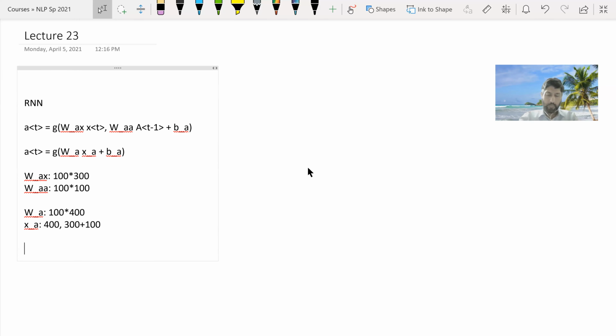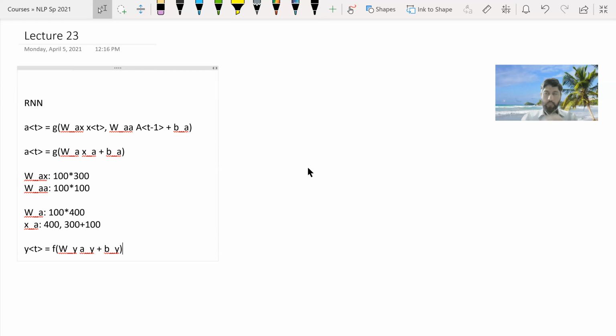Of course, if you follow this notation, then YT can also be written as WY times A, and we will write a Y there as well, just to keep the notation consistent, plus BY.